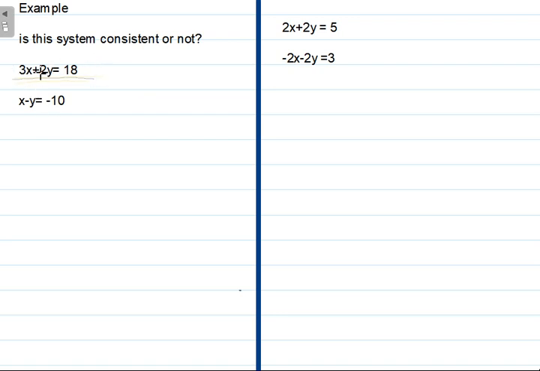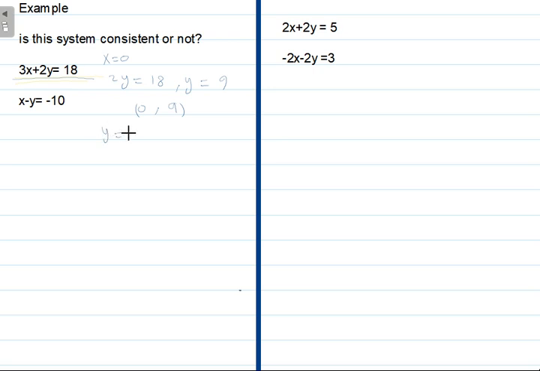So for this line, 3x plus 2y equals 18, if x equals 0, then 2y equals 18, then y equals 18 divided by 2, y equals 9. So I have a point (0, 9).